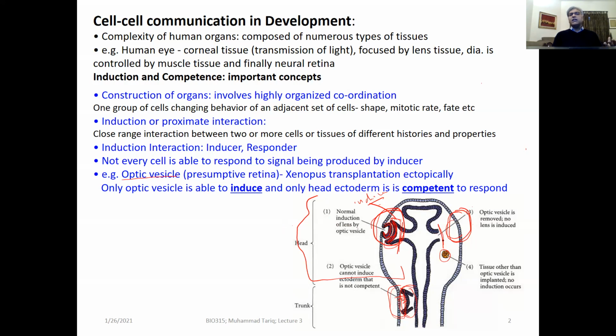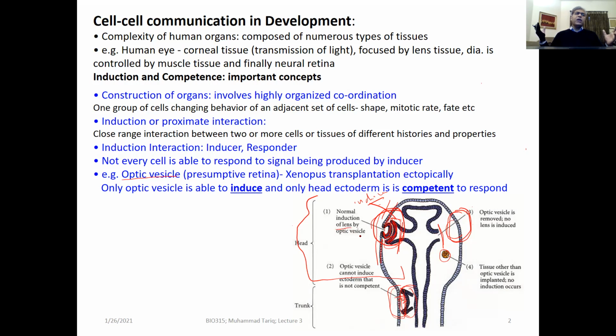It may even induce change in cell fate. So look here, you were simple ectodermal cells, just like your neighboring cells. These are the ectodermal cells. But as a result of induction, as a result of signals from optic vesicle, these cells are going to attain a specific fate, which is going to result in the formation of the lens for the eye.